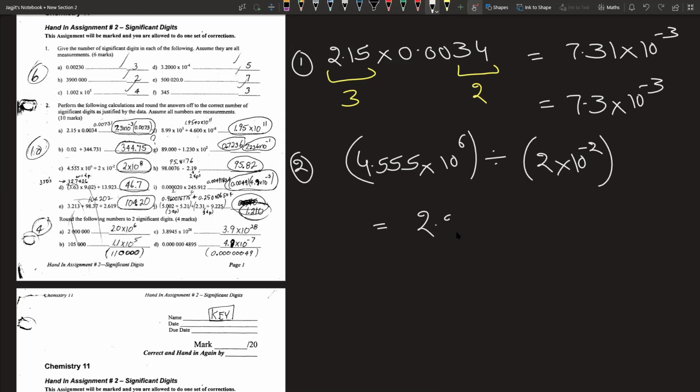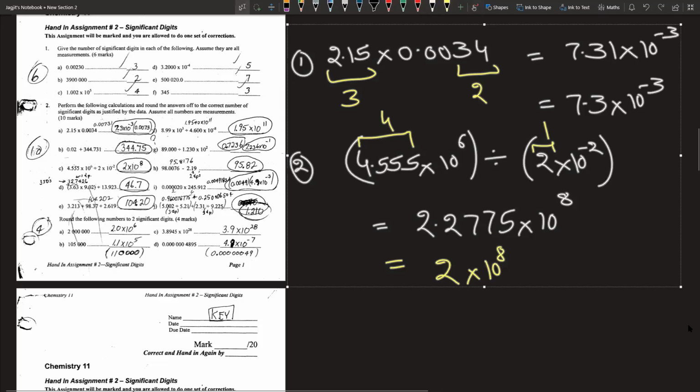I get something like 2.2775 times 10 to the power 8. Did you guys get that? So ask yourself, how many sig figs are there in this one? 4. How many sig figs do you see on that one? 1. So your answer should only have 1 sig fig. So this should only be 2 times 10 to the power 8. Any questions?